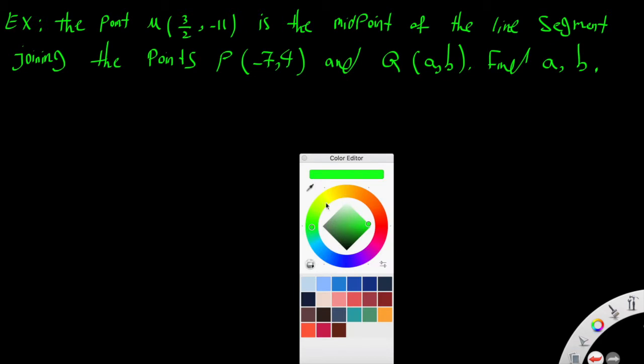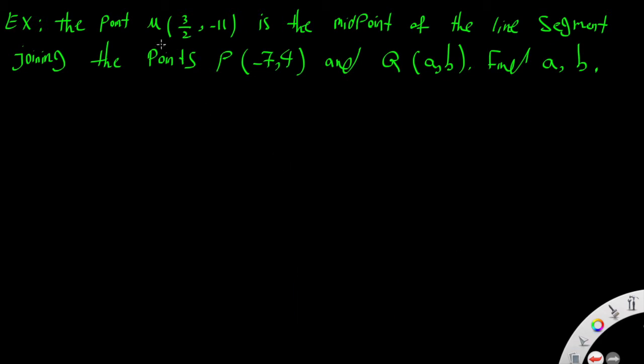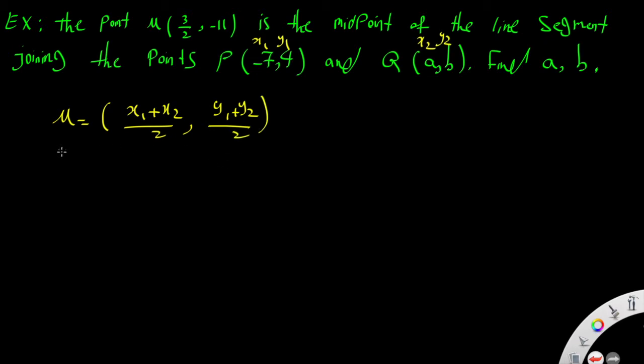Now, here the midpoint is given, so we know that the midpoint will be obtained by the halfway of x1 and x2. For example, let P be x1, y1 and Q be x2, y2. And y1 plus y2 divided by 2 will give you the y coordinate of the midpoint.